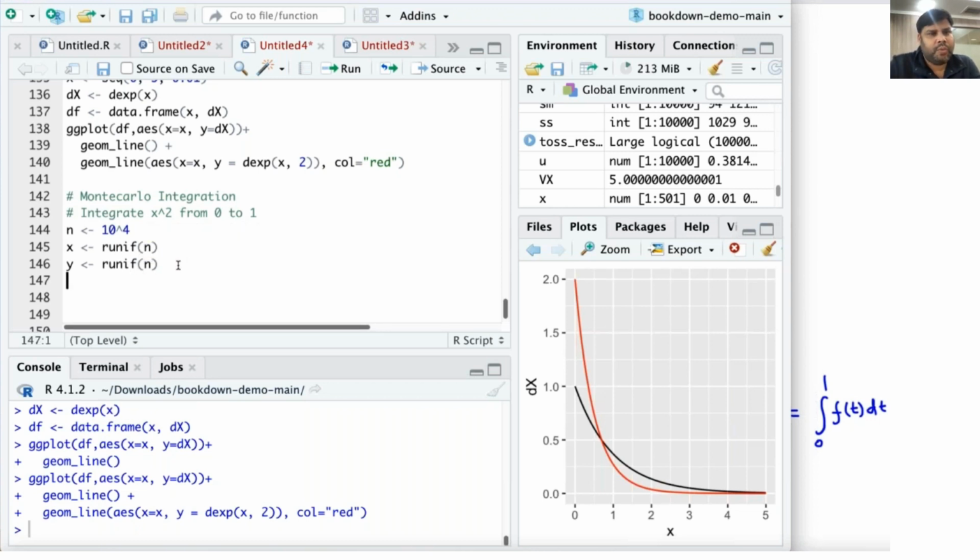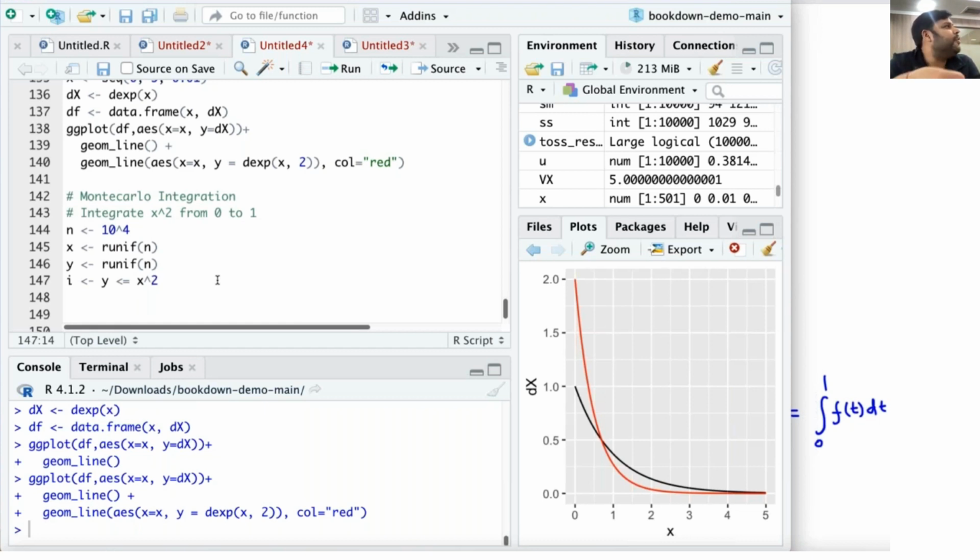Now we are going to compare if y is less than x squared or not. So we are going to generate indicators, I's, which is y less than or equal to x squared. This will give me a sequence of booleans, trues and falses.